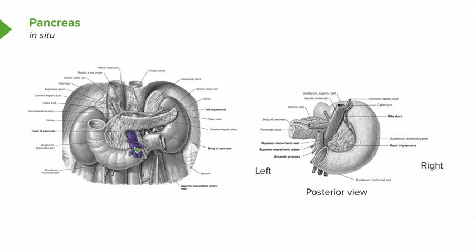So this again is if you're looking at the duodenum and the pancreas through the posterior abdominal wall, then you can see that we have the C-shaped duodenum, head of the pancreas, and running posterior to the neck of the pancreas, we have these two blood vessels, superior mesenteric artery and superior mesenteric vein.